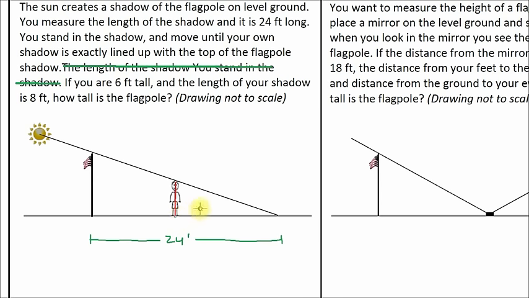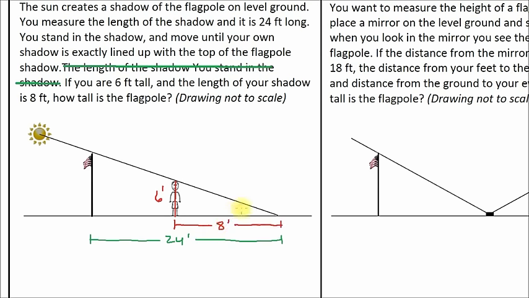Okay, right through that body. And let's label that. That is 6 feet tall, or 6 feet from the ground to the top of my head. And then the length of the shadow made by the person is 8 feet. So that means the distance from here to here is 8 feet.